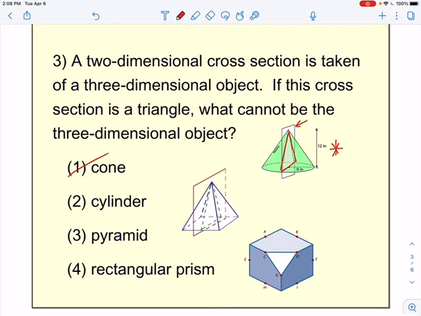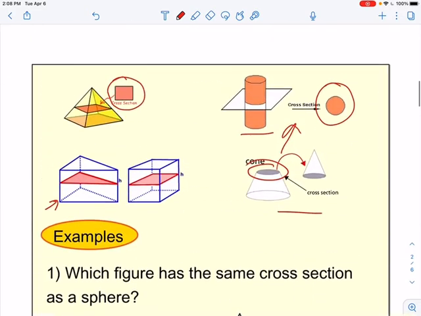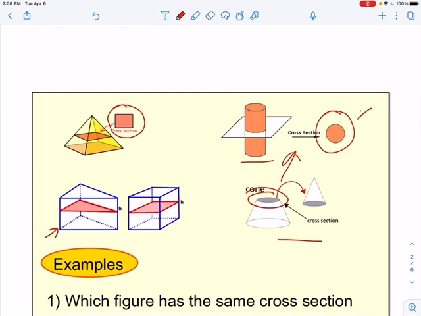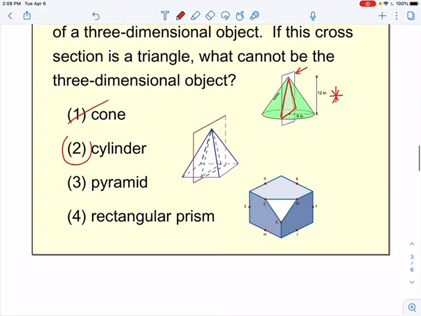Okay, for a cylinder, there is no picture here, but if I scroll back real quick, because we did that, when you take a cylinder and you cut it, you are going to get a circular cross section. So at that point, that's going to be our answer. Our pyramid is this one over on the right that I just put that second asterisk next to.